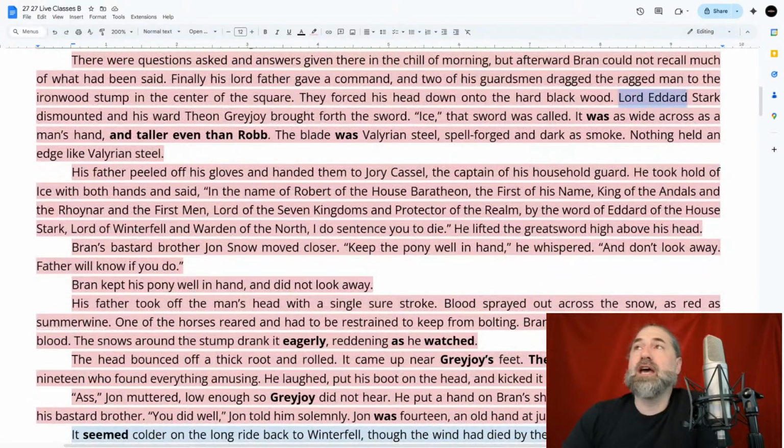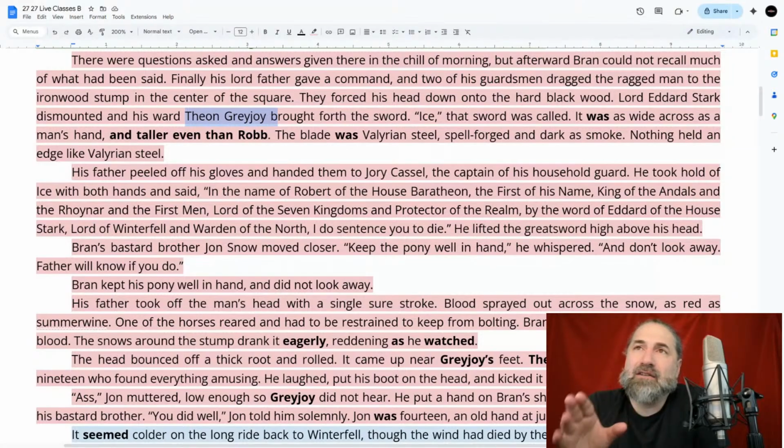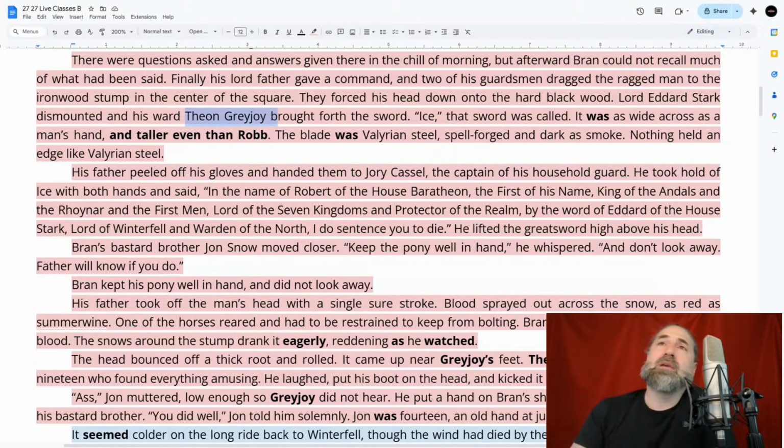We learn that Lord Eddard Stark is the person we are introduced to, along with Theon Greyjoy, which is interesting because Theon Greyjoy is an antagonistic force in this chapter. So it's interesting that he's introduced in the conflict of scene 1. Why is he an antagonistic force? Because he's the one that says we should kill the wolf pups.